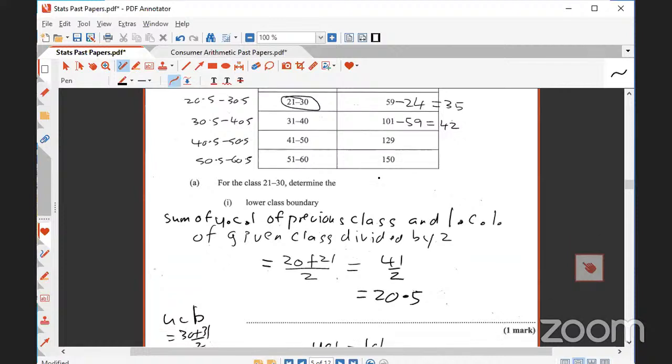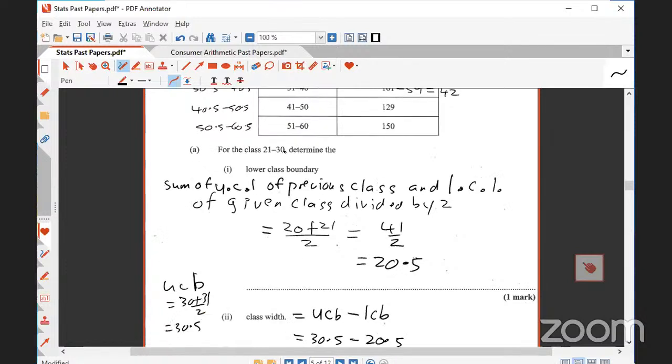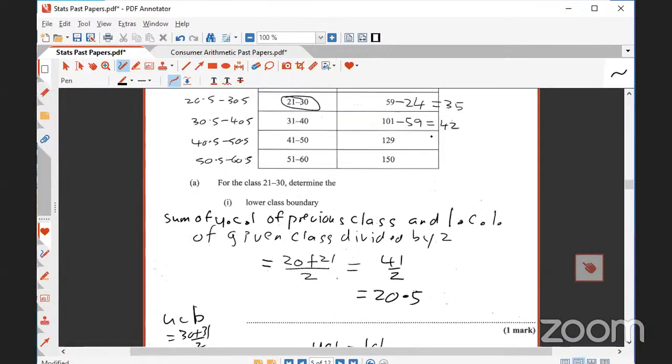All right, then. I hope you realize that in order to find the probability, we first need to figure out the actual frequency. It says greater than 50.5, which means they're talking about this class right here. But the first thing I need to do is figure out the actual frequency of this class.